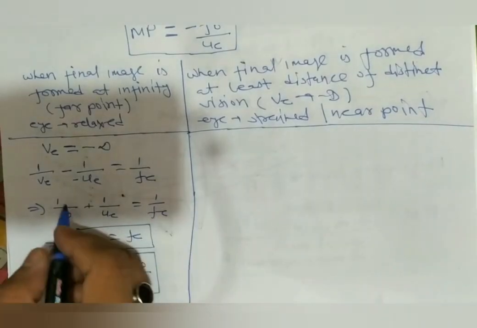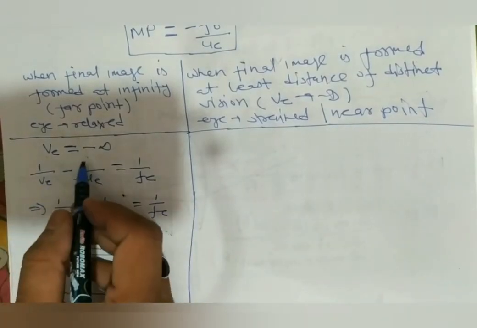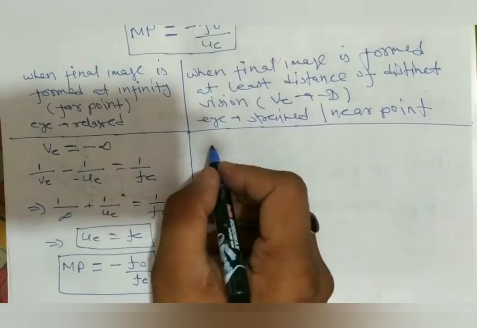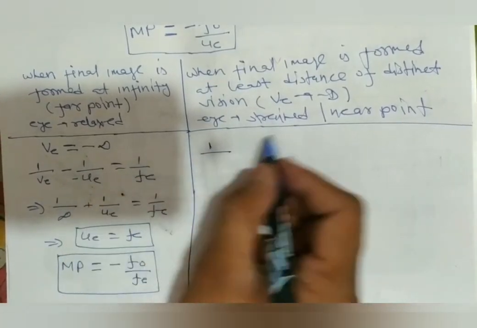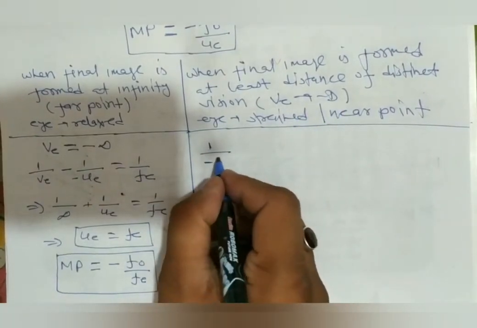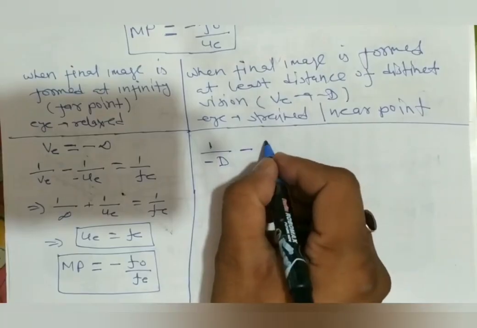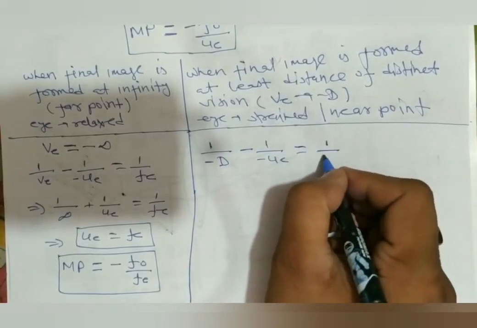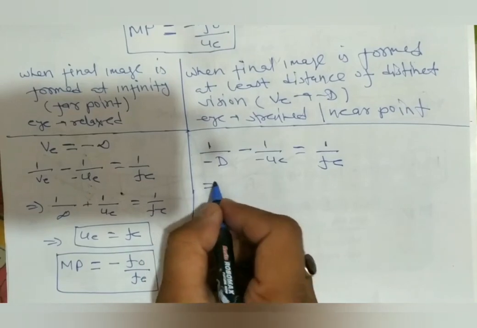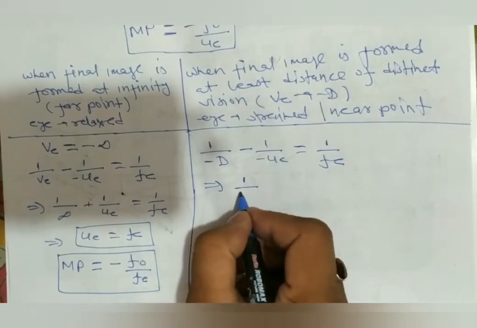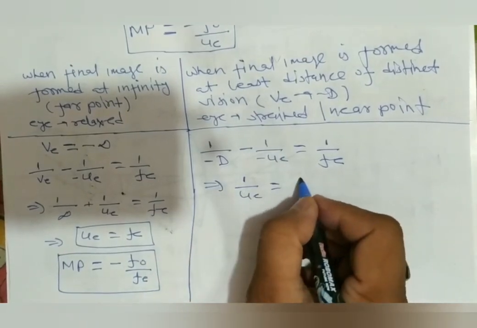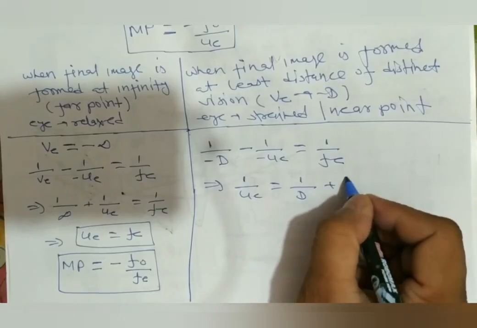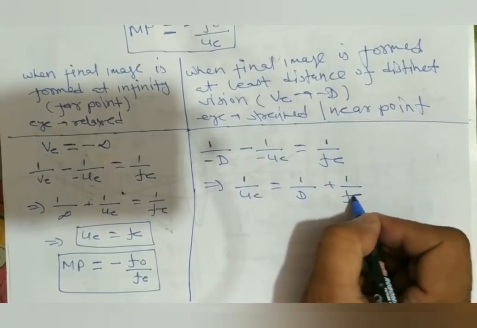Now we have the formula 1 upon VE minus 1 upon UE equal to 1 upon FE. VE is minus D, so 1 upon UE is equal to 1 upon D plus 1 upon FE.